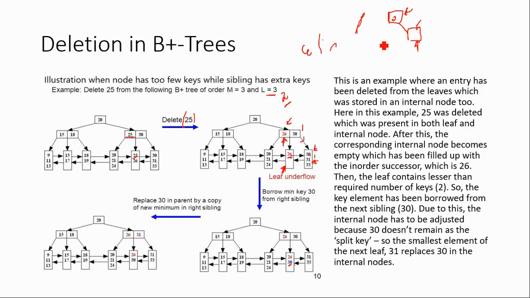So this condition was satisfied. After 30 has been shifted there, the 30 is still present in the internal node, but the smallest element of the right child is now 31. So there has been a change.